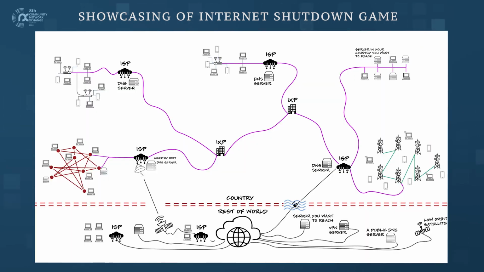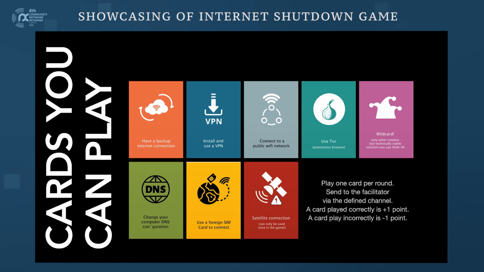So the X's represent where the connections have been terminated, because the government has told these ISPs to terminate those connections. Okay? And these are the cards you have to play. So start talking within your groups, split yourselves halfway up this room, and it's each of your rows.